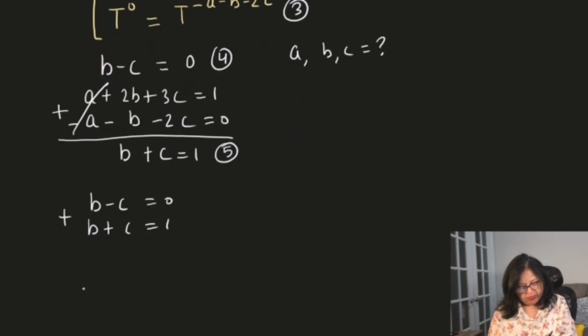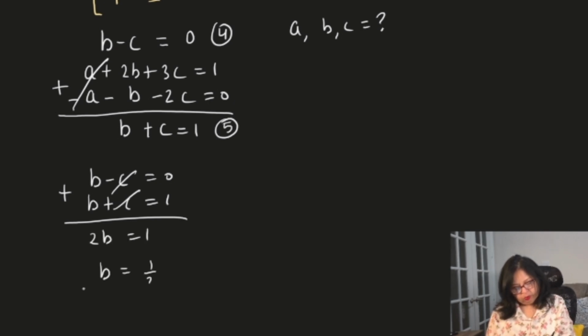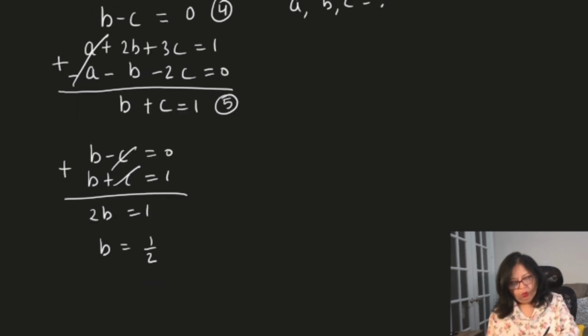Add these up. What do you get? C's cancel out. 2b equals 1, b equals 1 half. Now, once I have the value for b, then from this equation over here, b is equal to c. This gives you c is also equal to 1 half.